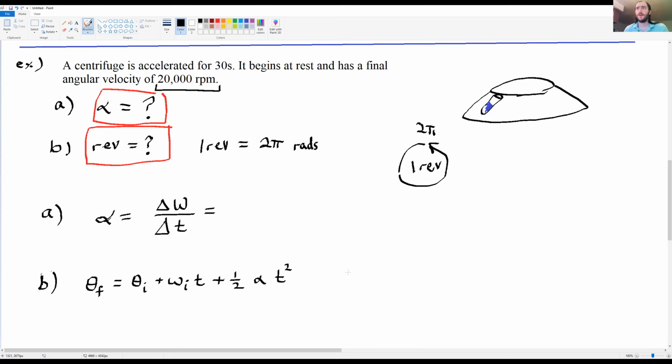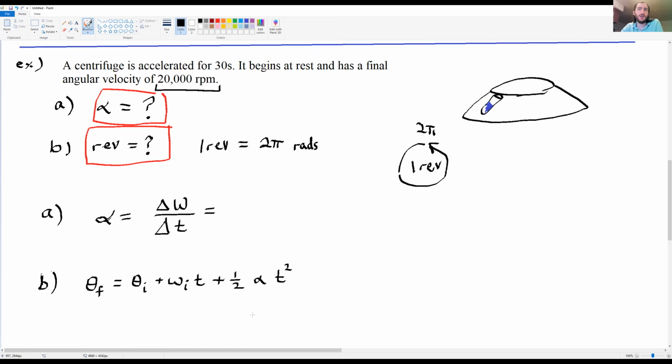My recommendation though is to always convert any units of time into seconds, because that's the SI unit, and a lot of the formulas that we use have to have SI units. For example, in the second equation for part B, alpha is going to be in radians per second squared, and you're going to multiply it by t squared.